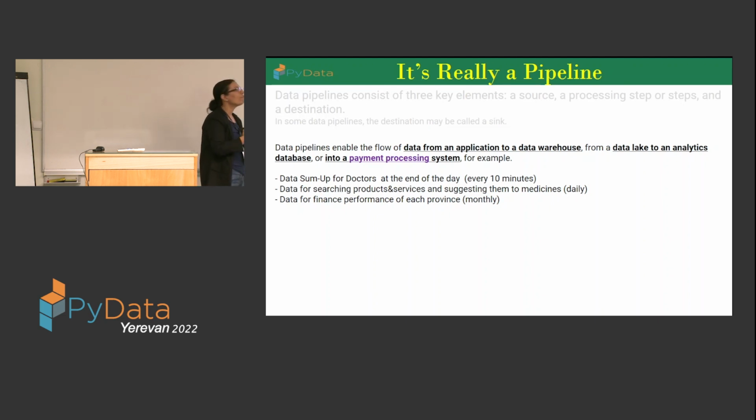Each month, I have to have data on the performance of each province in the country for managers. So these three examples are what I work with. For the first example, my data should be ready every 10 minutes. For the third example, my data should be ready every month.